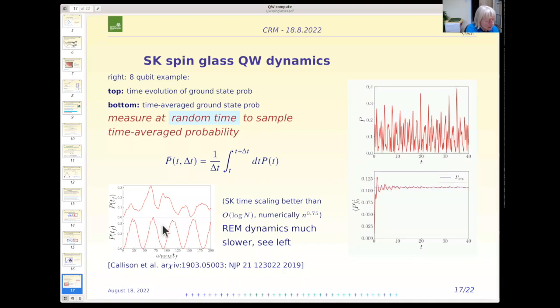So even though the probability is higher, we have to run for much longer. If we ran it for, say, 5 units, here we would be converging nicely to the time average. But there, if we ran it for 5 units, we would have a very low probability. So that's where the difference in dynamics between the two matters a lot.